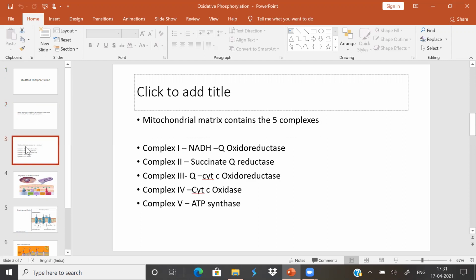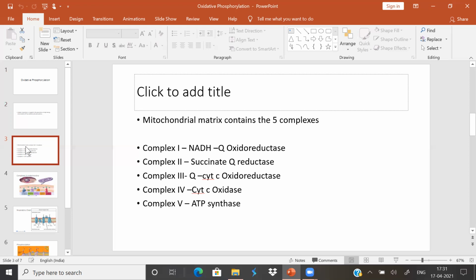What happens? The mitochondria contain some enzyme complexes, and these enzyme complexes are complex 1, 2, 3, 4, and 5. Complex 1 is NADH oxidoreductase.